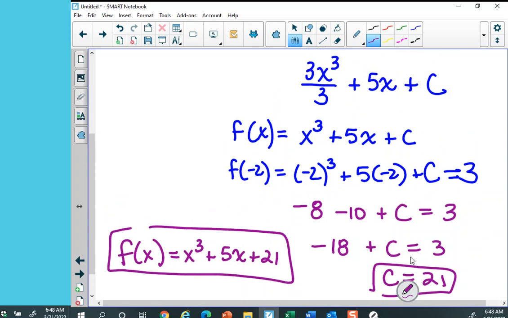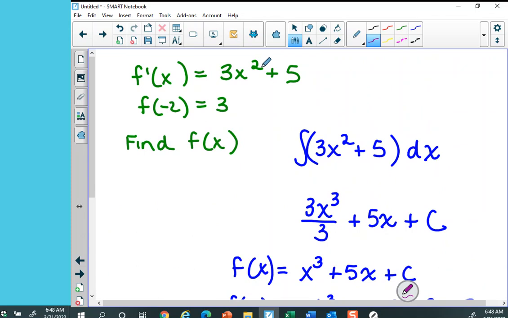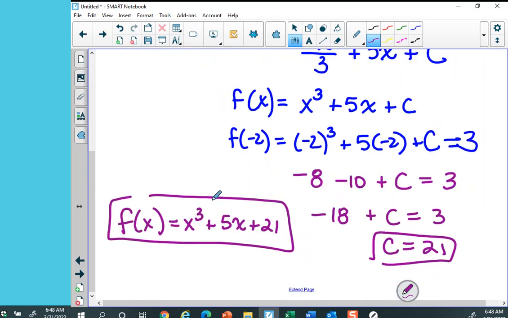Once you calculate your C, rewrite your function, write your antiderivative with your C, and then double check. 3x squared plus 5. Cool. Negative 2 cubed is negative 8. Negative 10 is negative 18 plus 21 does give you 3.